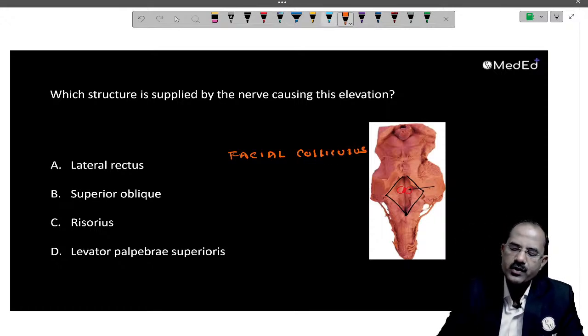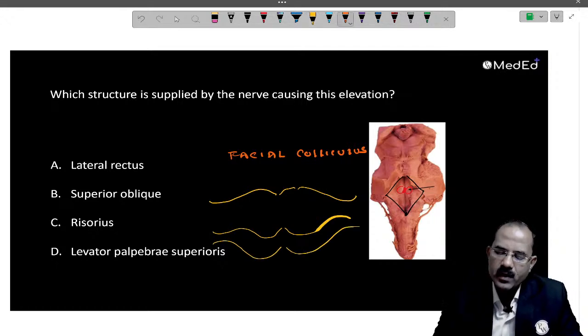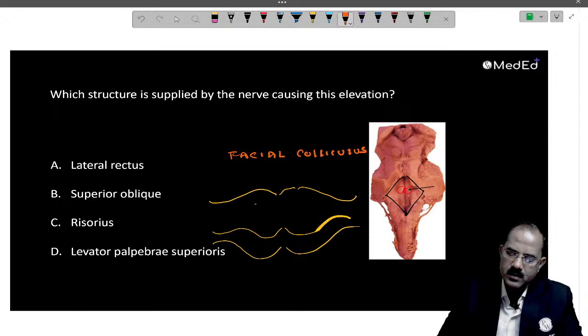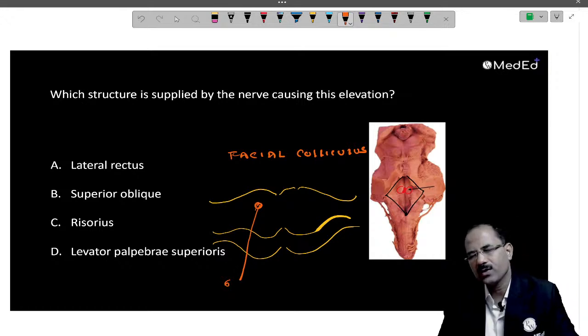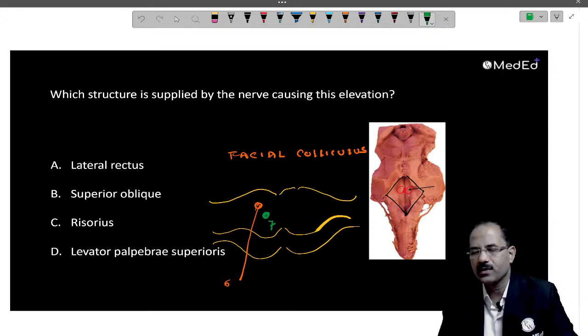And how is this facial colliculus formed? Bacho, tell me, if you can answer this. So look, this is the nucleus of the sixth nerve, and these are the fibers of the sixth nerve. And this is the nucleus of the seventh nerve.